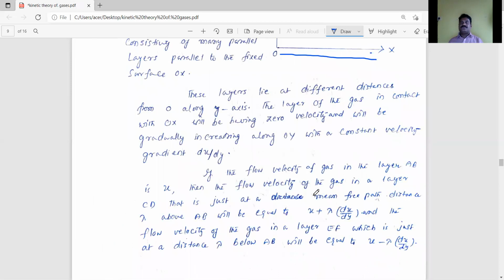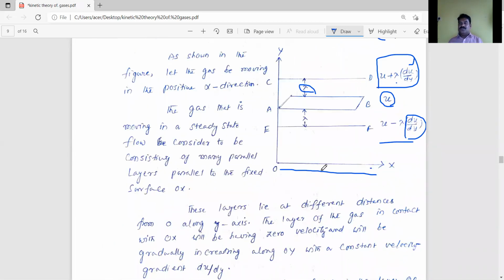So, according to Joule's assumption, the number of molecules crossing the layer. Let us take this middle layer. So, the number of molecules crossing the layer in the downward direction or upward direction, you see, like this, per unit area per second will be n c bar by 6.